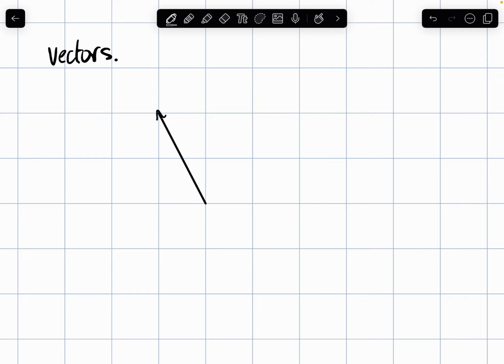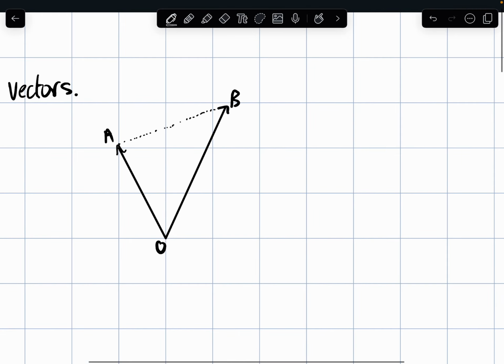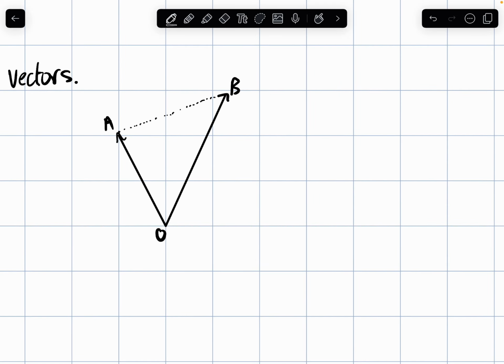Imagine you've got 3 vectors. One that goes from point origin, which is what the O stands for, to point A, and one that goes from point origin up here to point B, and then if we imagine the line there, we can call that AB.